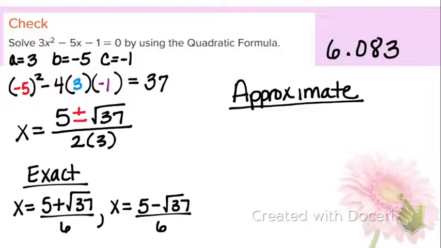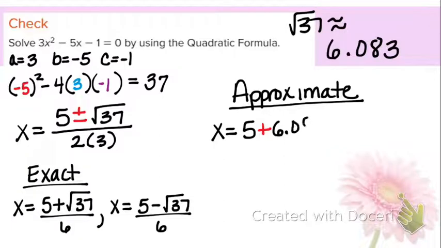All right, so now, because that's what the square root of 37 is equal to, let's go ahead and figure out our approximate answers. So our first answer I want you to type in your calculator is 5 plus 6.083 divided by 6. And this is an approximate. See what you get for that answer.